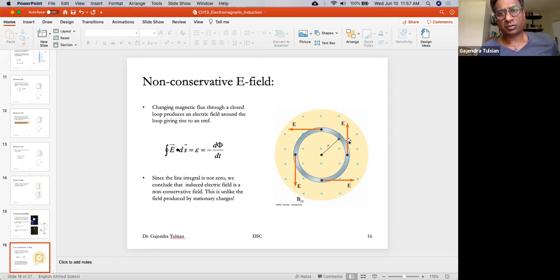I'm just making sure again. Yep. You're increasing the strength of the magnetic field, and the induced EMF will be like so. And you see the line integral is equal to the voltage around this loop, and that is non-zero. So this is a non-conservative electric field.